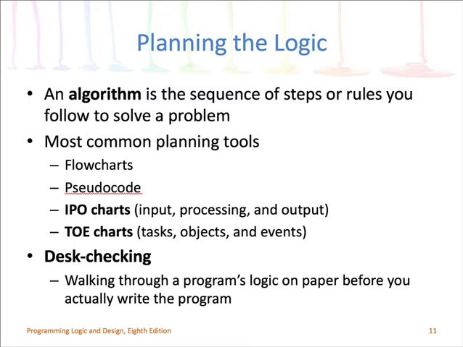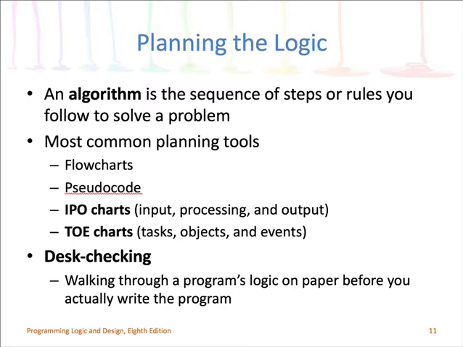After you have your pseudocode written, you would go back and code it into whatever particular language you plan to use. Flowcharts are pretty much the same thing, just that they're graphical in nature. There's also things called IPO charts, input, processing, output, and then there's TOE charts, which are task, objects, and events. In this class, we'll be using flowcharts and pseudocode.